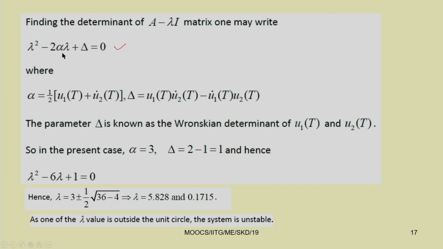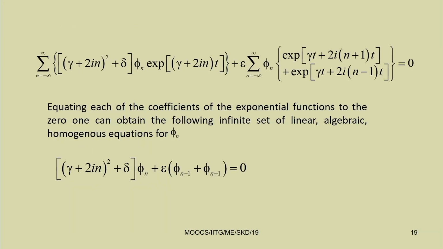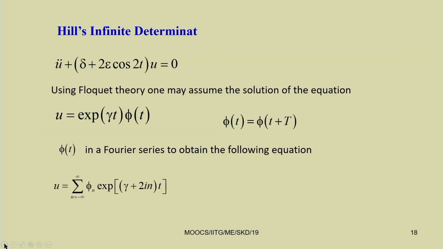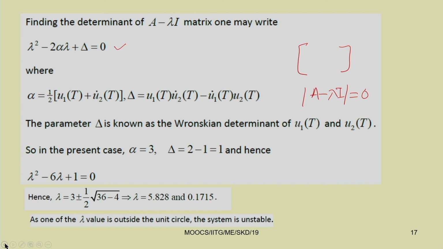That way you can write it, or directly, after writing this A matrix, put determinant of A minus lambda I equal to 0. Otherwise, you can directly find the eigenvalues of the A matrix also. From that you can get this lambda for the given parameters.